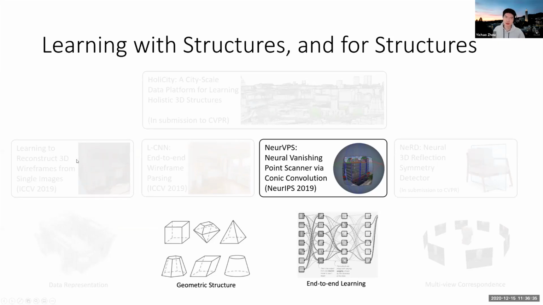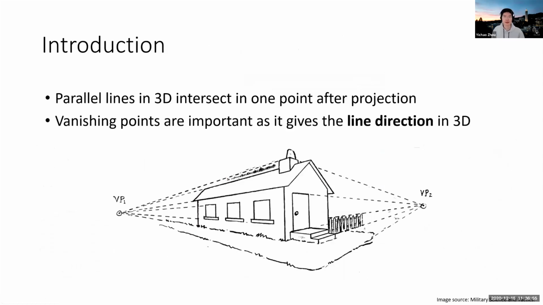Besides the lines, for the initial work we also had a problem with vanishing points. The previous vanishing point algorithms were not good enough, which motivated us to work on a more advanced vanishing point detection algorithm, to detect more geometric structures from images. A little introduction about vanishing points: they come from parallel lines in 3D.